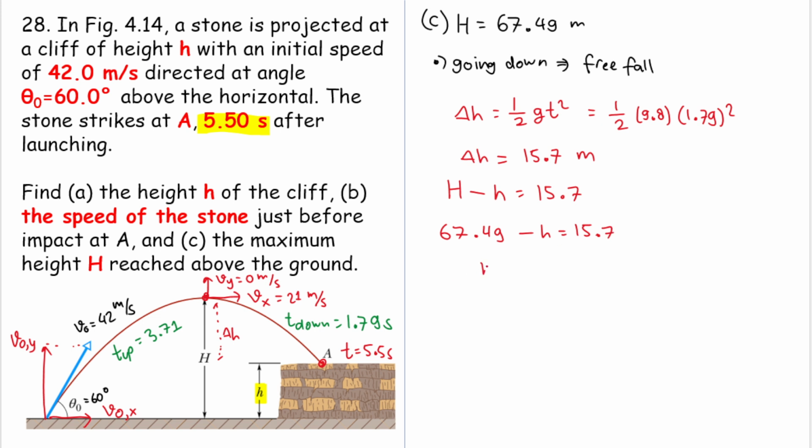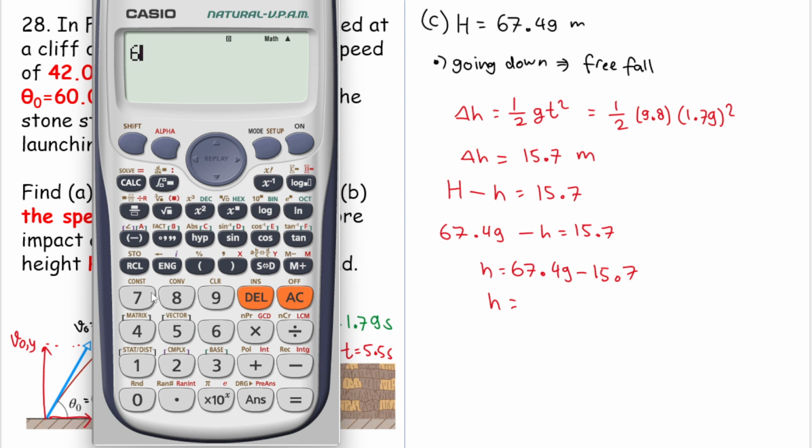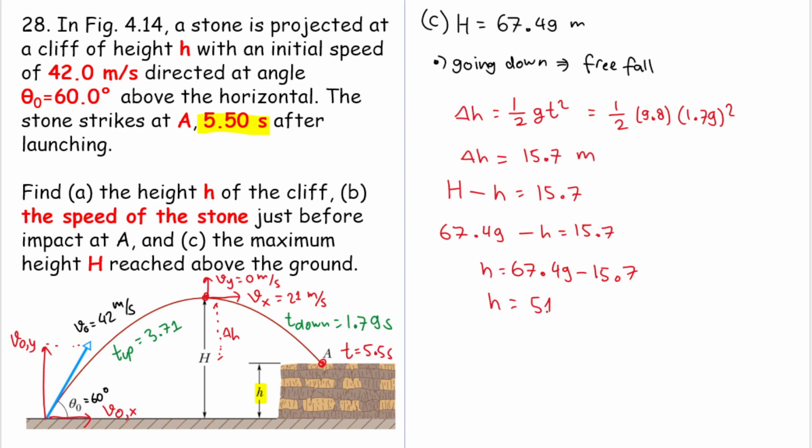So h is equal to 67.49 minus 15.7. And what is our h? I'll have 51.79, and the unit here will be meters. This is the answer for question A.